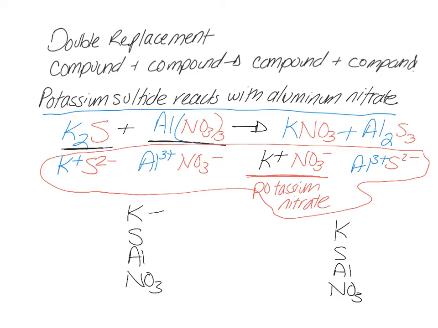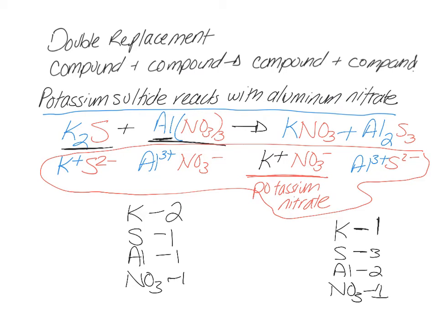So counting wise, I have 2 potassiums on the reactant side. I have 1 sulfur. This means I have 1 aluminum. I have 1 NO3 group. Over here I have 1 potassium, 3 sulfurs, 2 aluminums, and 1 NO3 group.